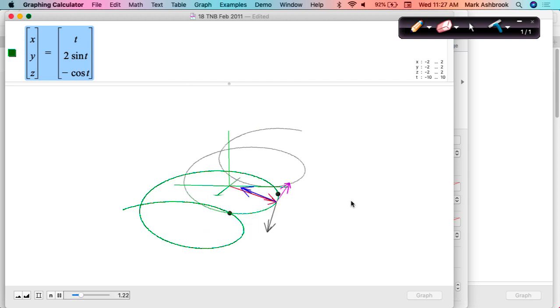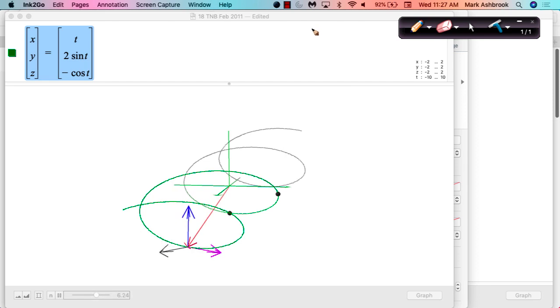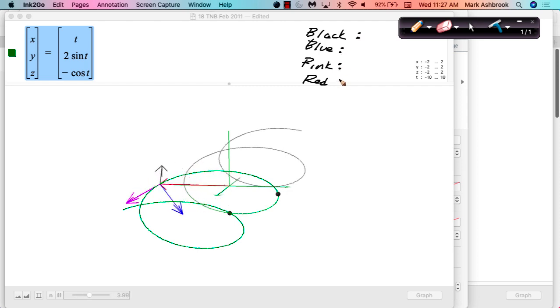I've got pink, black, blue, and red. I want you to identify which vector function it is.